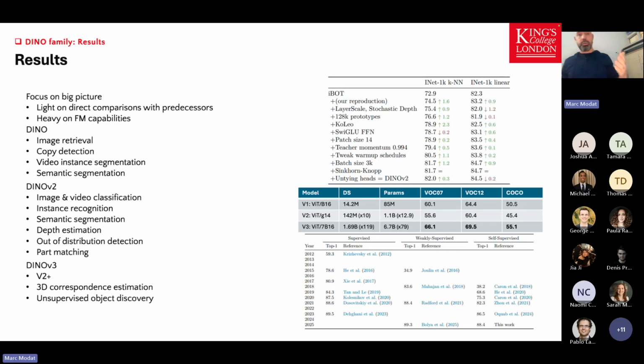And they even make DINO V3 multimodal by doing a quick cross-modality training with the actual labels from ImageNet.